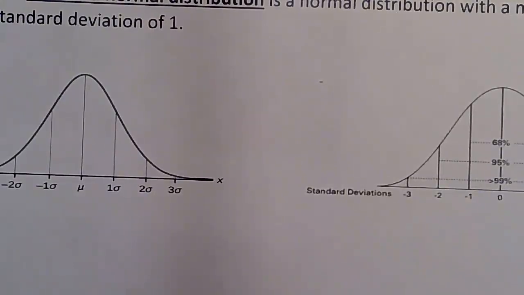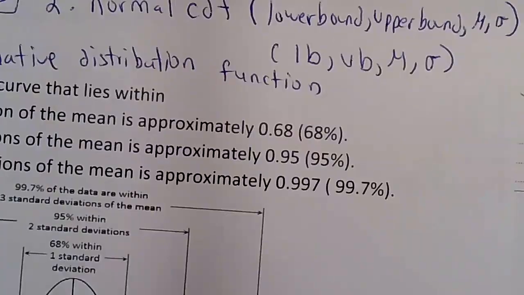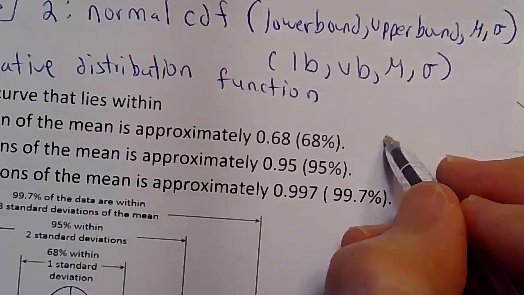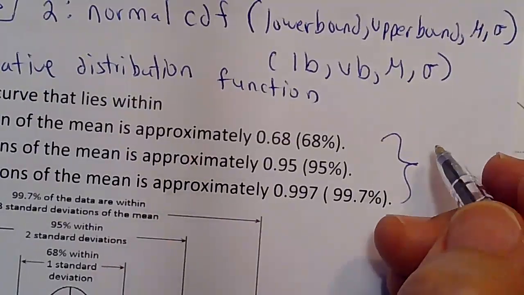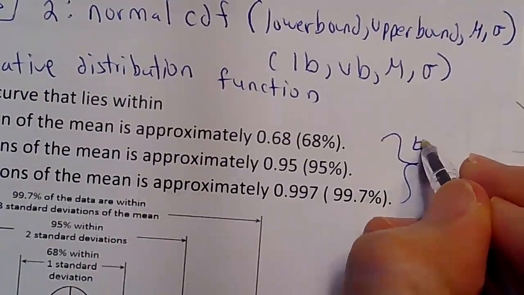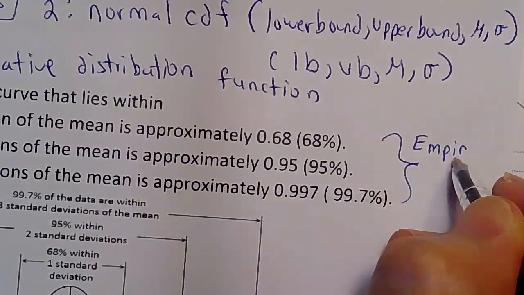So I don't know if I wrote that on this side or not, but this is the empirical rule. I don't think I mentioned that, and I didn't write it either, but remember from chapter 3, empirical.